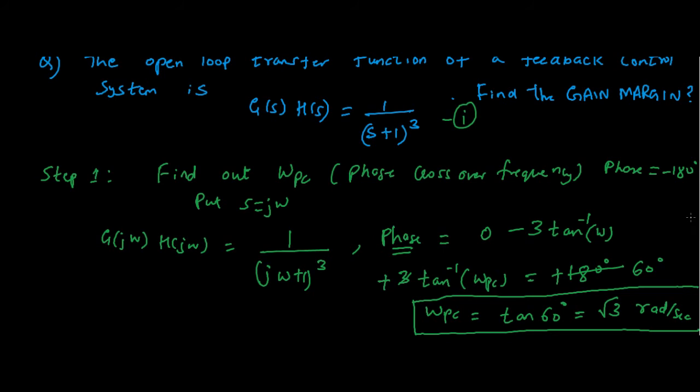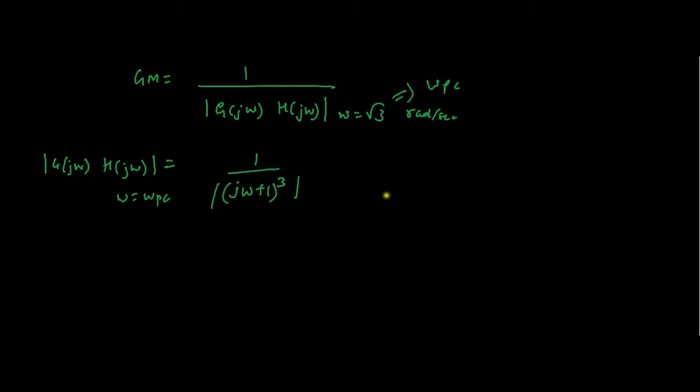Next, we'll use the formula for gain margin and find the gain margin, then subsequently convert it into decibels, because gain is usually expressed in decibels. So this is the definition of gain margin. We are going to find the magnitude of g of j omega and h of j omega at the phase crossover frequency.